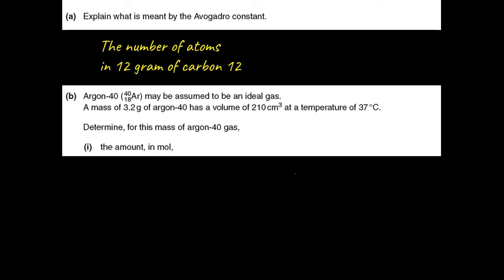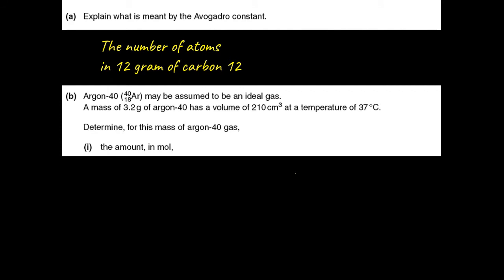B, argon 40 may be assumed to be an ideal gas. A mass of 3.2 gram of argon 40 has a volume of 210 cubic centimeter at a temperature of 37 degrees Celsius. Determine for this mass of argon 40 gas the amount in mole.